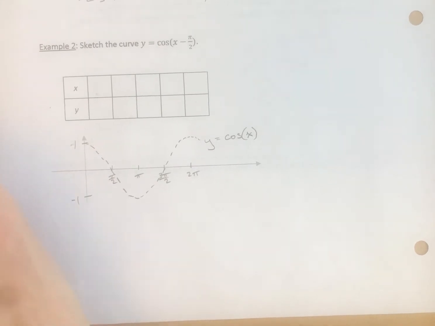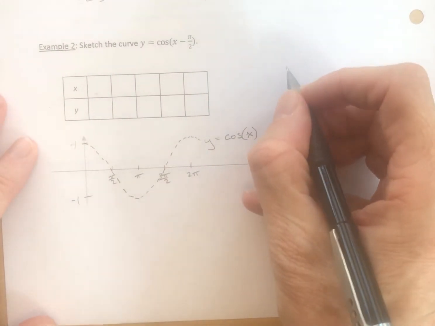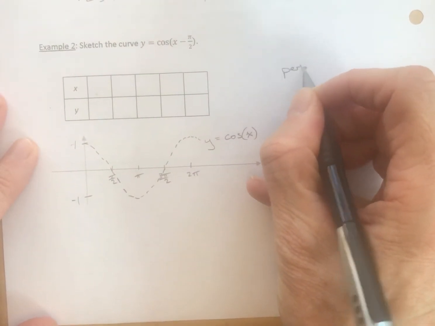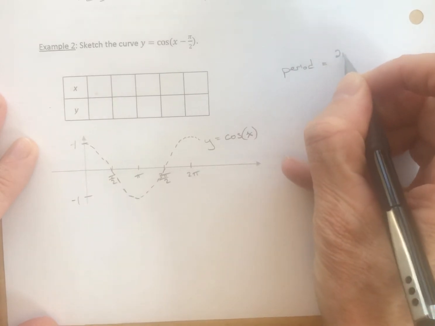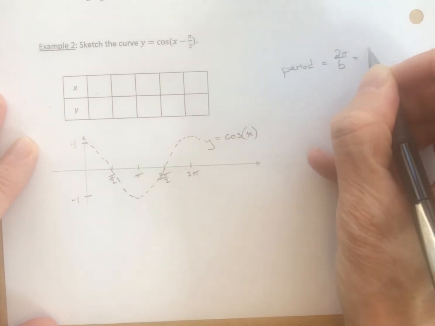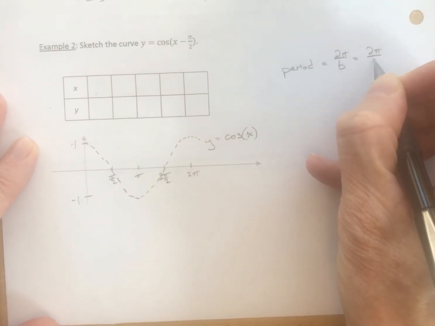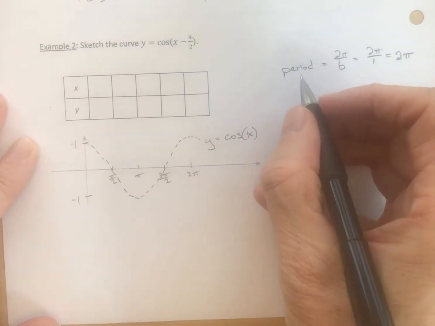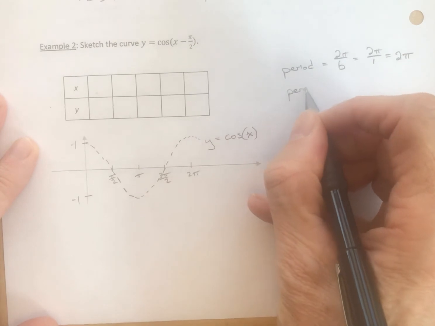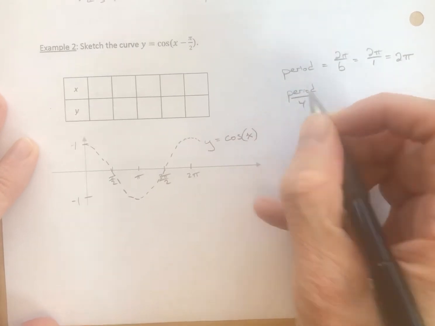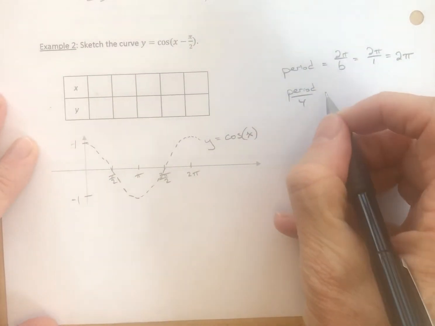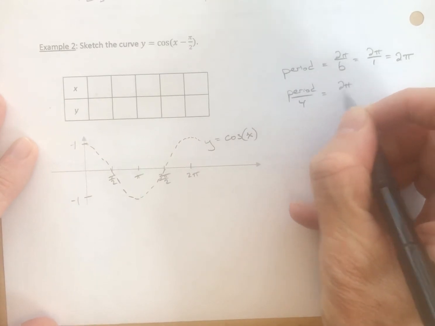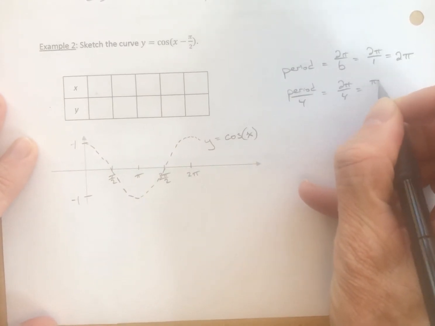Okay, so now, let's remind ourselves the period is equal to 2 pi over b, which equals 2 pi over 1, which equals 2 pi. That's what I came up with. And the period divided by 4 is the distance between the key points. 2 pi divided by 4 equals pi over 2.